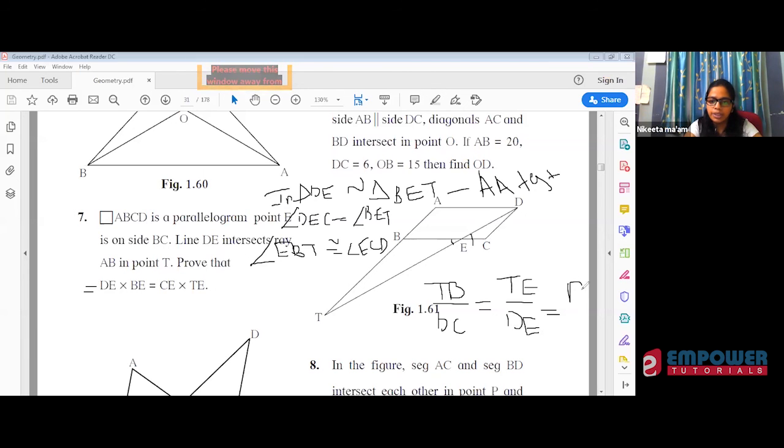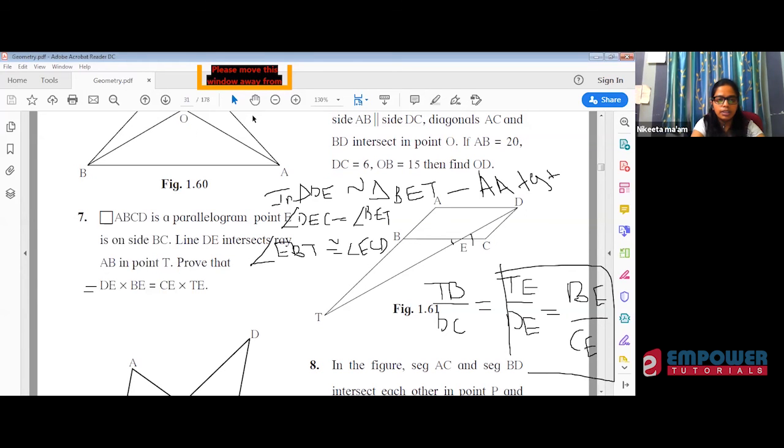BE upon CE. So this is how the sides are in proportion. Now if you concentrate, we will take these two sides' ratio. So this is equal to TE upon DE is equal to BE upon CE.